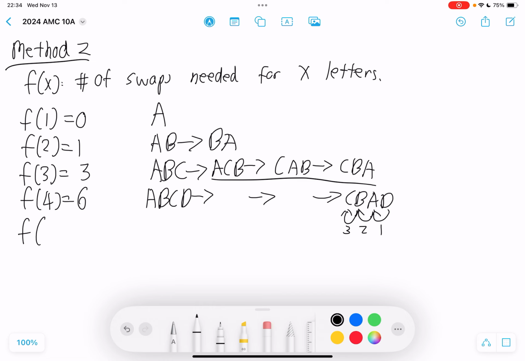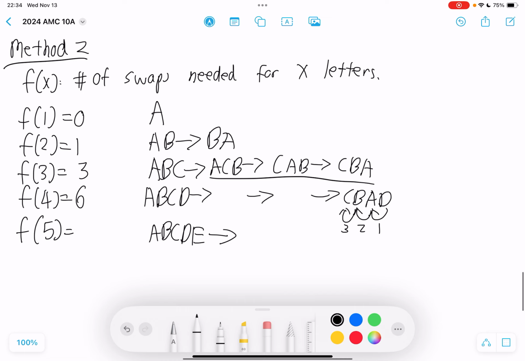And then we have f of 5, one step closer to what we want. So again, we're going to swap A, B, C, D first, so that it becomes D, C, B, A, E. There's 6 steps to that. And then you want to swap E with every single letter. So there's 1, 2, 3, 4 arrows, so 4 swaps.